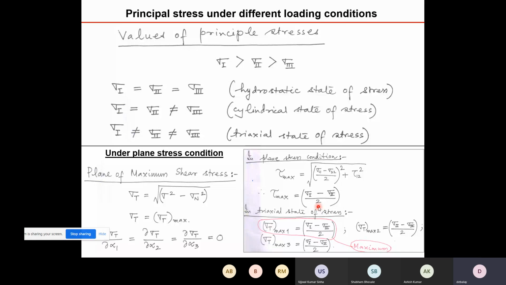And the second important thing I have mentioned is that the difference in principal stress gives you shear stress. For example, if the three principal stresses are equal, sigma Roman 1 equals sigma Roman 2 equals sigma Roman 3, that state of stress is called the hydrostatic state of stress.